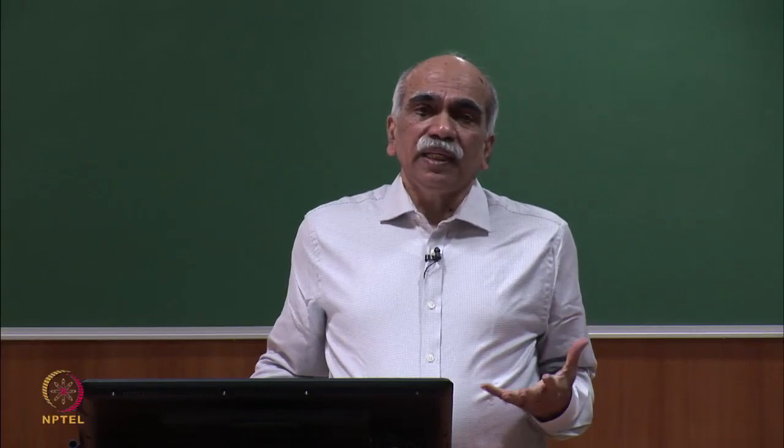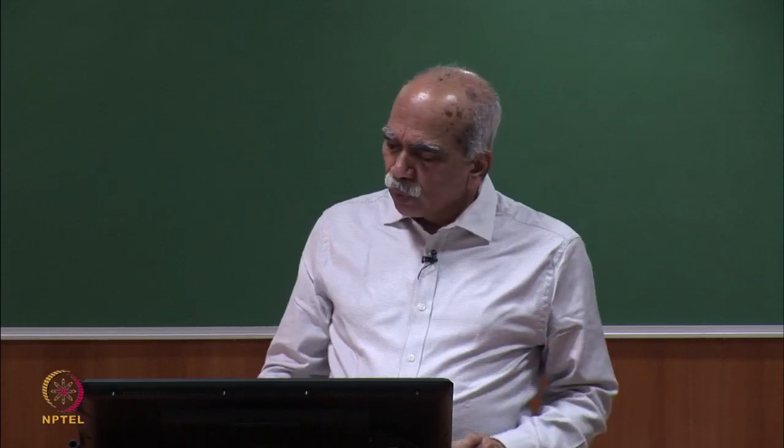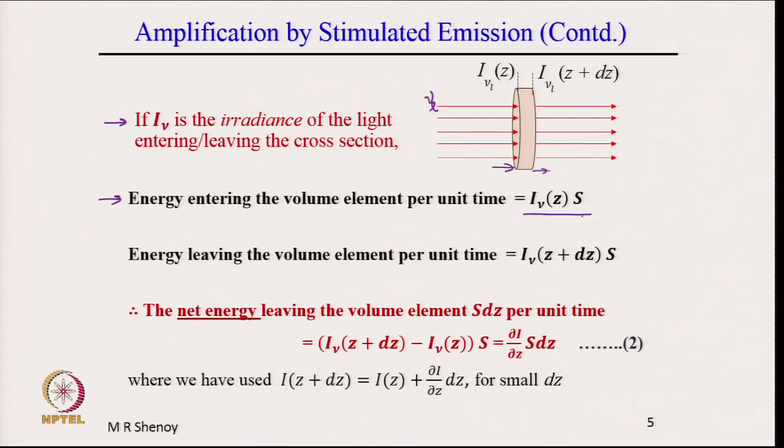The energy leaving the volume element, that is at this end, is I nu of z plus dz into S. Therefore, the net energy leaving the volume element S dz per unit time is this minus this.